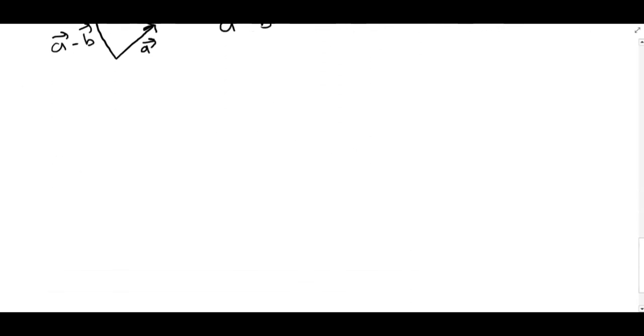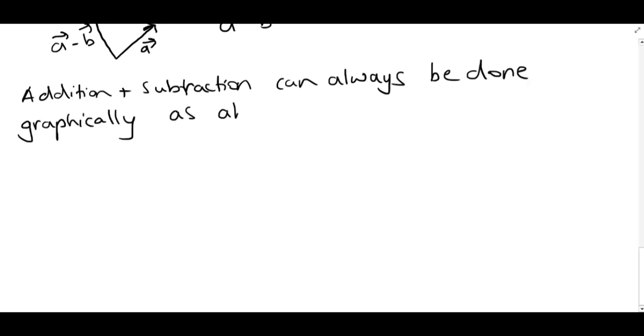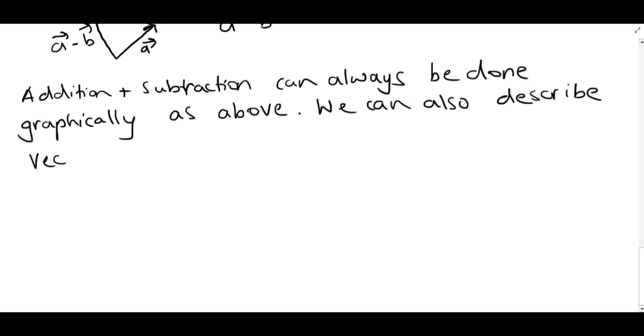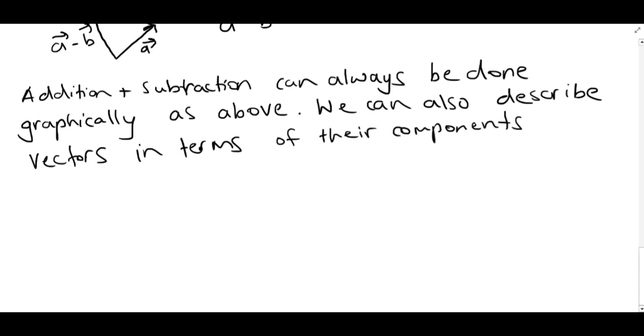Addition and subtraction can always be done graphically, as we have just shown above, but we can also describe these vectors in terms of their components relative to a coordinate system.